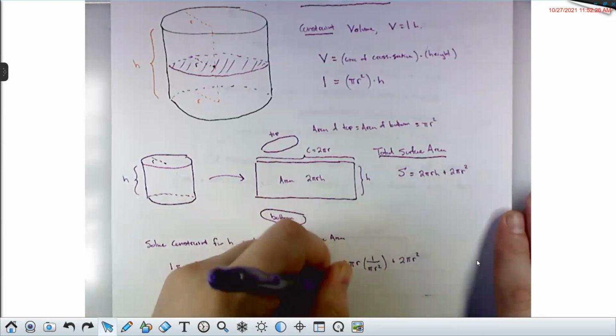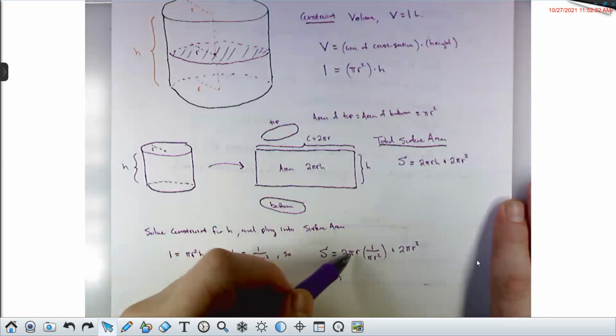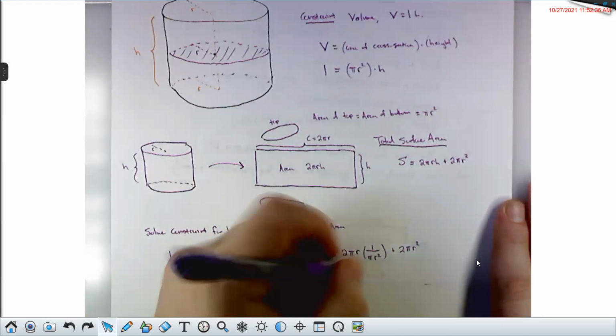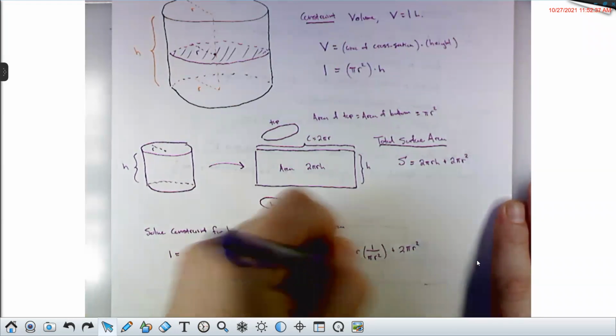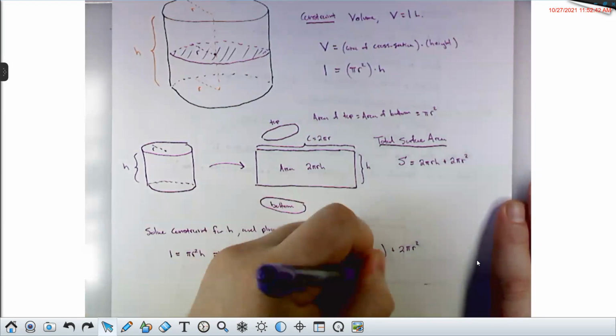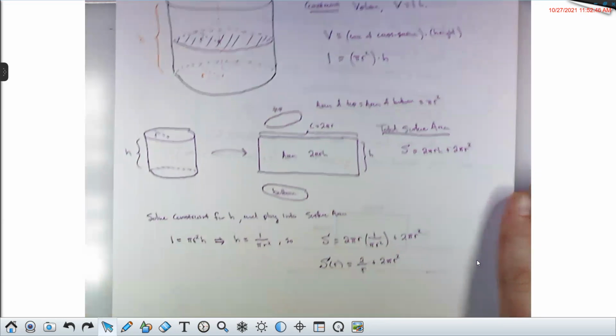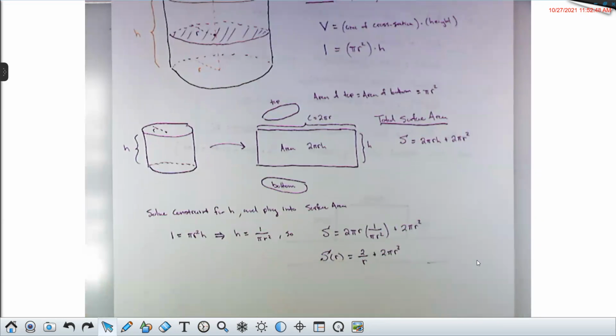I'll write it as S of r to emphasize that it is now a function of a single variable r. You can cancel the pi's here. You can cancel one of the r's here. And you get 2 over r plus 2 pi r squared. And we should think about the domain here. Technically, yes, we should be concerned. r has to be bigger than 0.